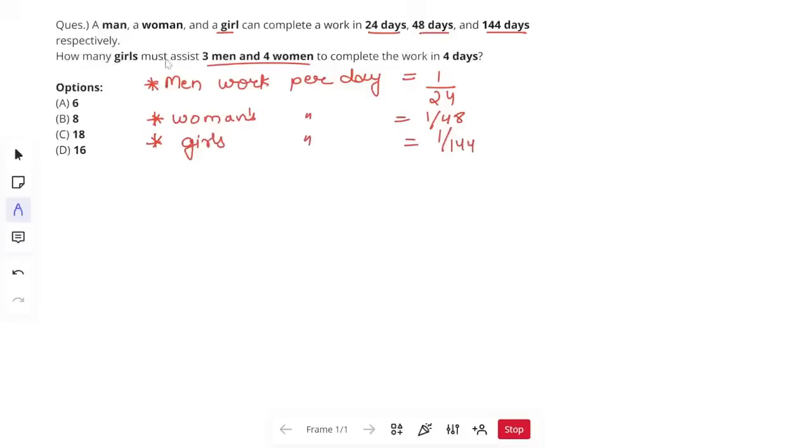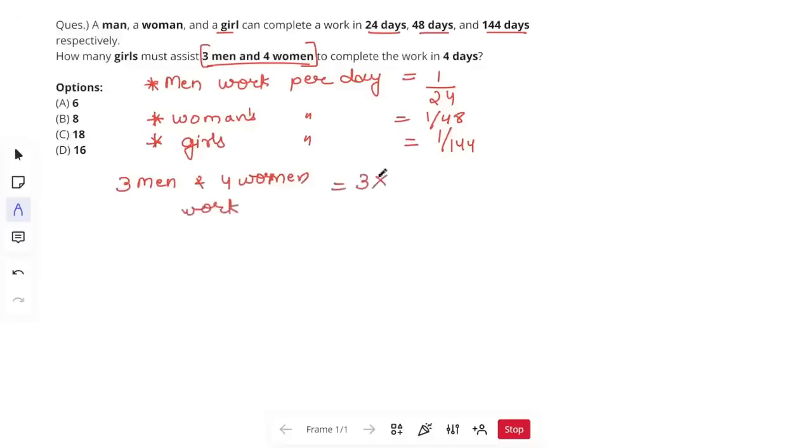Now let's see how many girls must assist 3 men and 4 women. First of all, we have to understand how much work 3 men and 4 women will do. How can we calculate this?